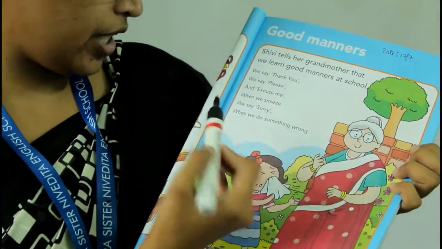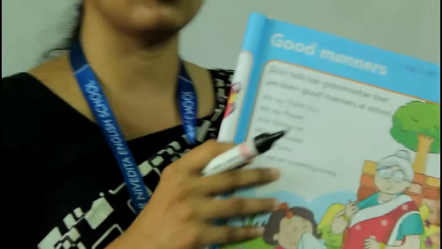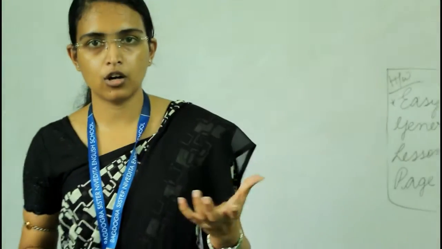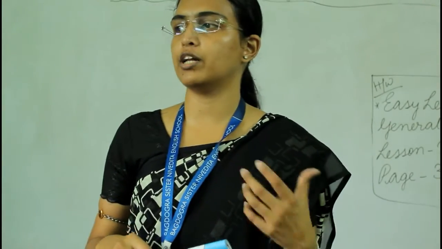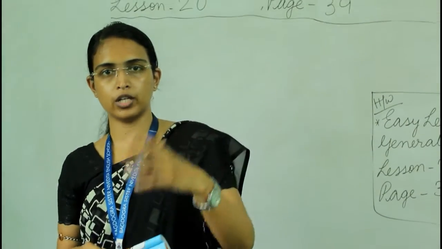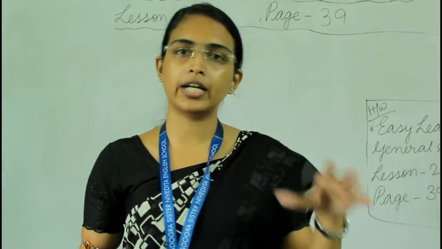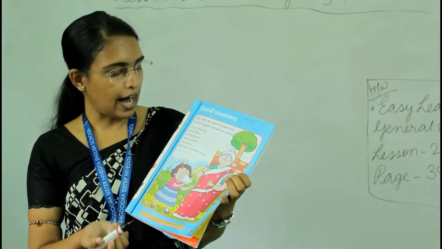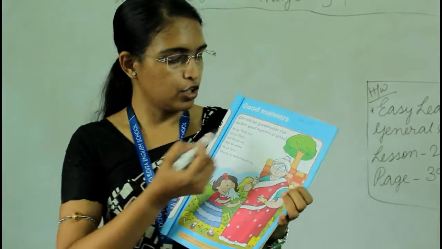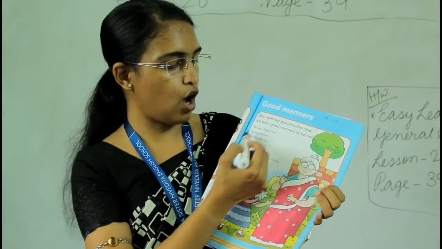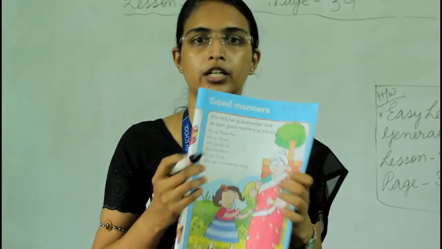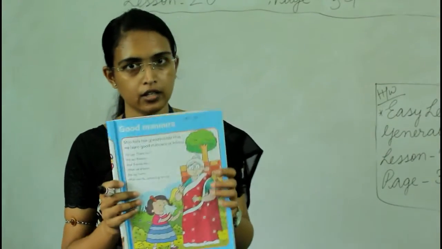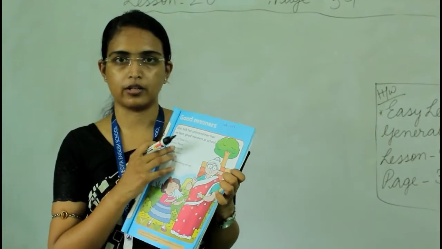We say sorry when we do something wrong. Whenever we do something wrong, we say sorry. And whenever we sneeze, we use sorry or excuse me. Okay? Now your homework is you have to learn all 4 magical words at your home. Okay? So this is your homework.